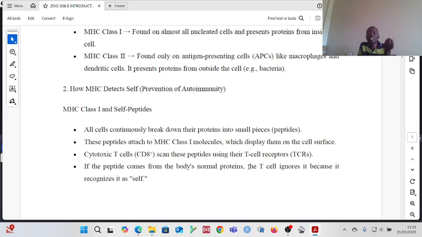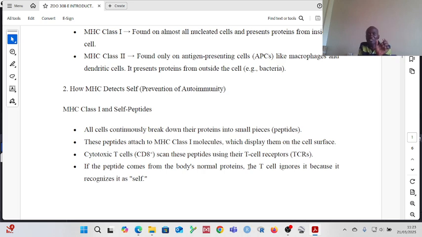So the cytotoxic T cells scan the peptide that the MHC class 1 is displaying on the outside of the cell. So the cytotoxic T cells are like the eyes now, that is what is looking, then the peptides on the outside, that is like the team uniform. Okay? That is like the team uniform.